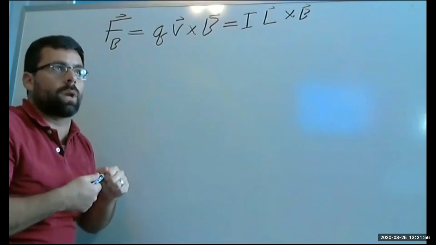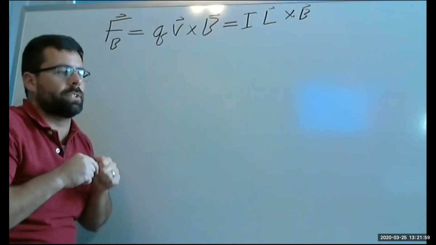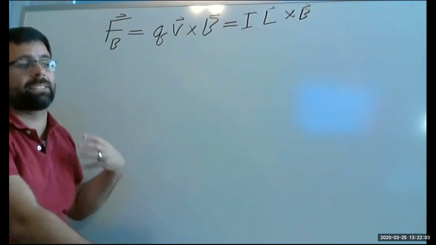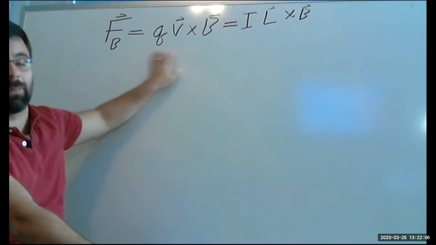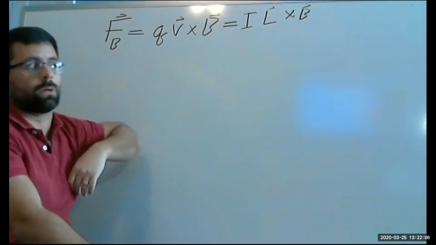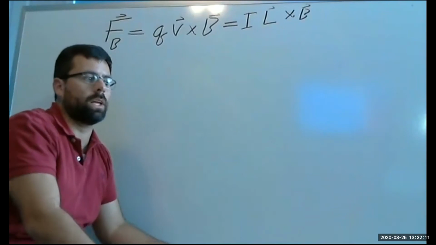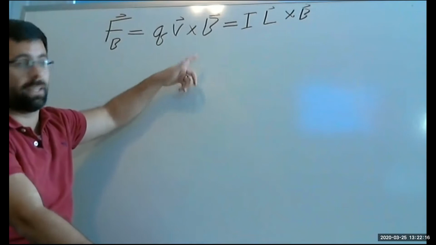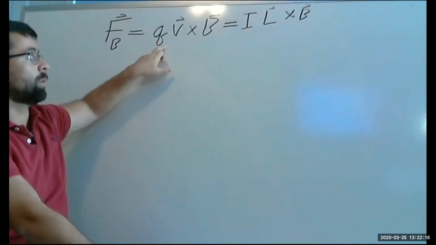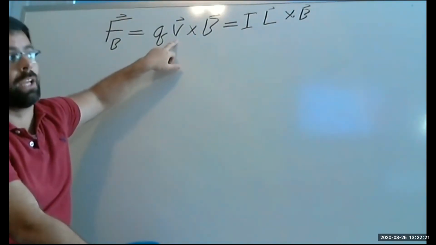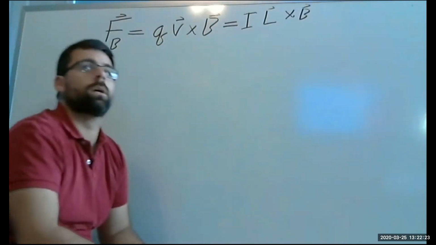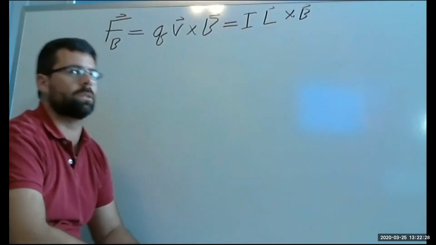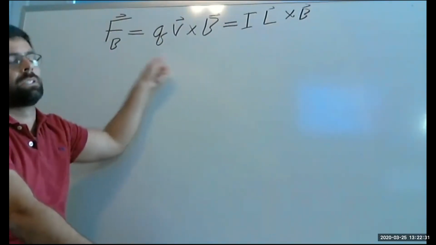So when I say what is required for there to be an interaction, I mean what has to be the case for this to not be zero? Or on the other side of that, what things could happen that would make this zero? We already said that if Q is zero or V is zero, then you'll get zero. But purely mathematically, is there another way to make this zero?